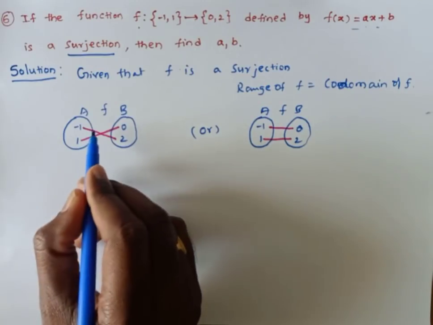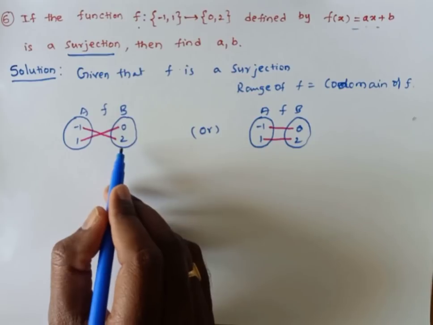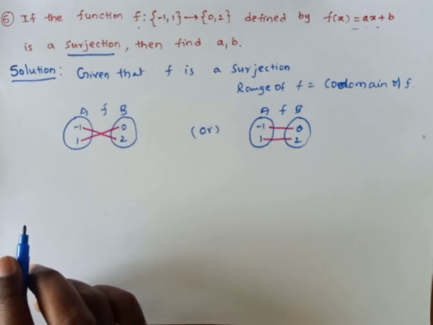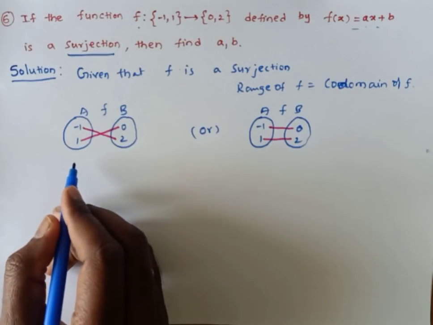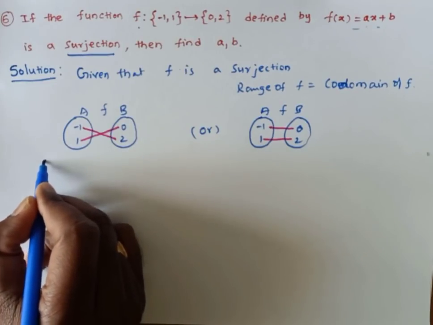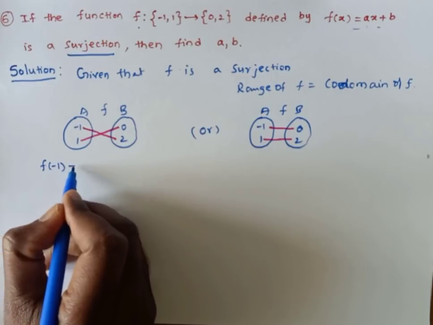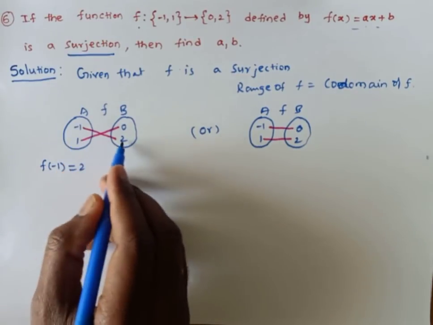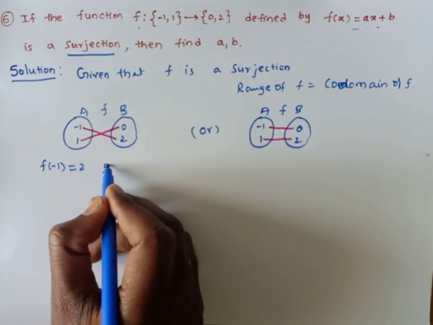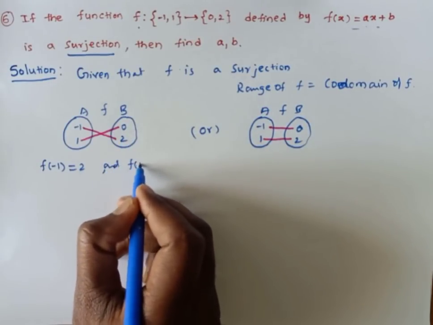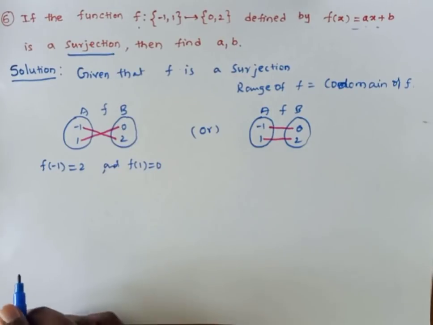Now, minus 1 is mapped to 2 means f of minus 1 is 2, right? And 1 is mapped to 0 means f of 1 is 0.